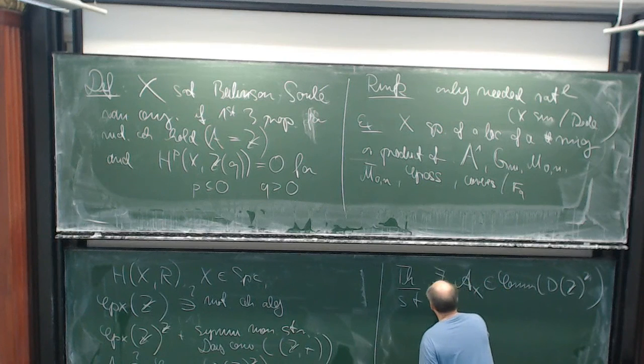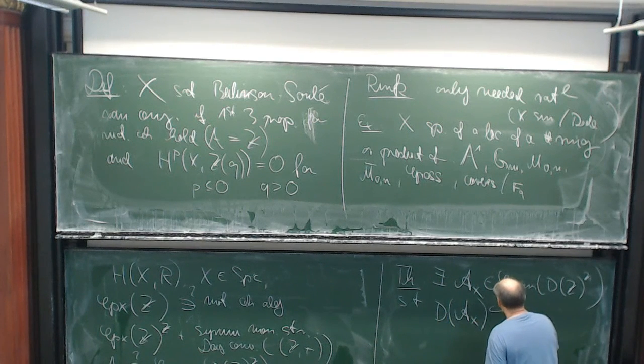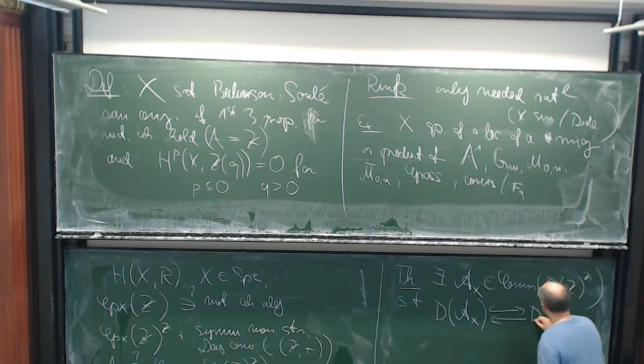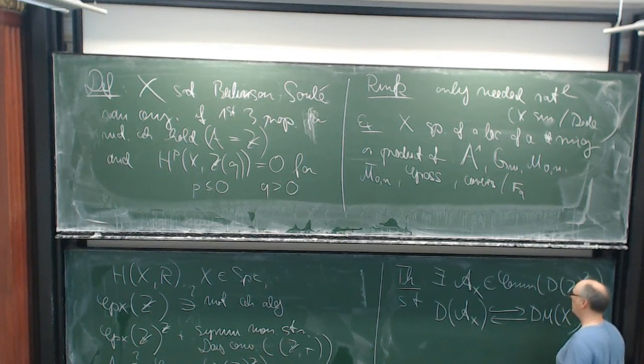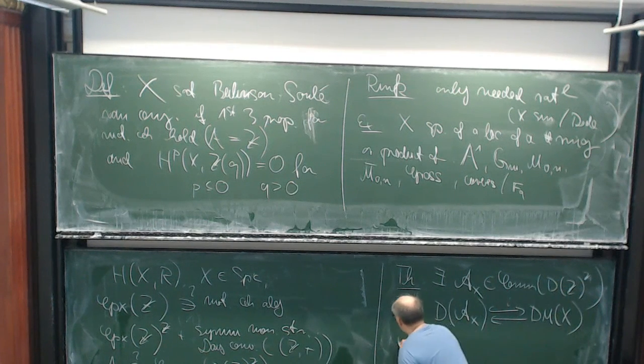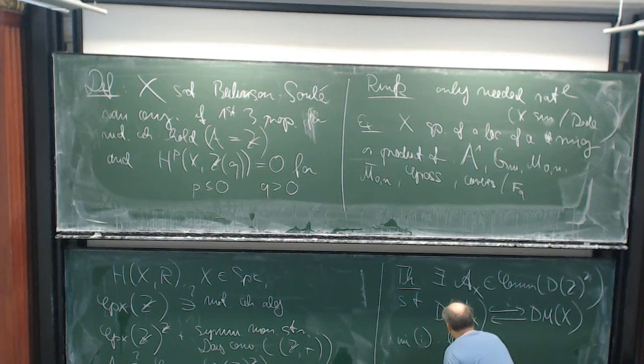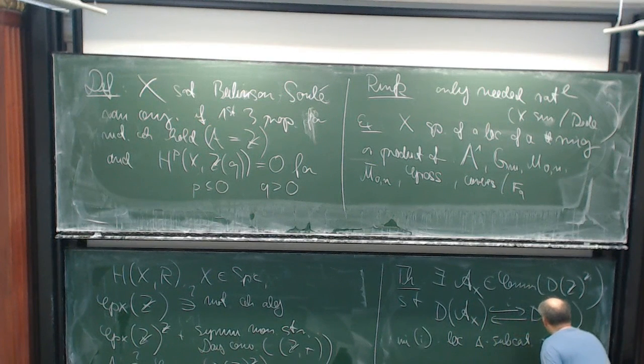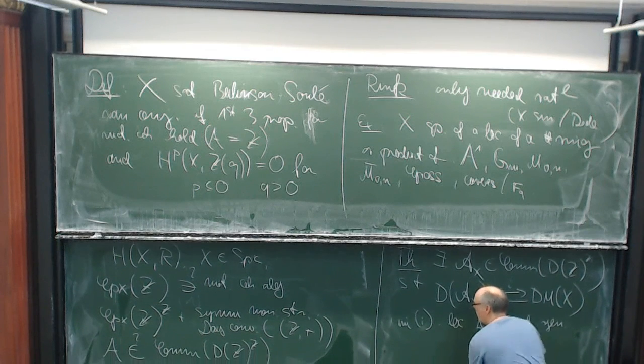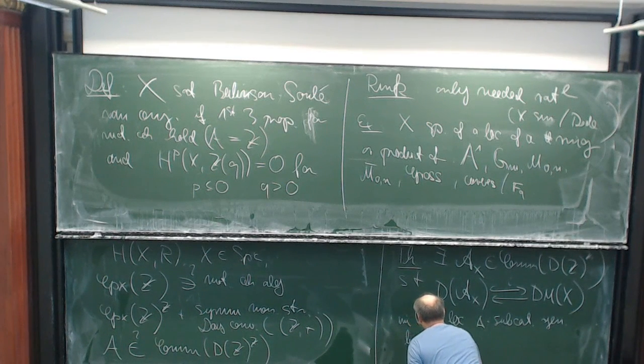we have a full embedding from the module category of A_X, taken in this category where the algebra lives, D(A_X), into DM_X, which is symmetric monoidal, and the image, let's call it I, is exactly the localizing triangulated subcategory generated by the Tate motives Z(n).